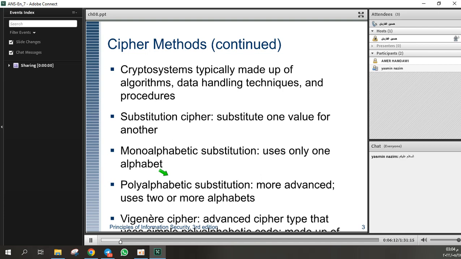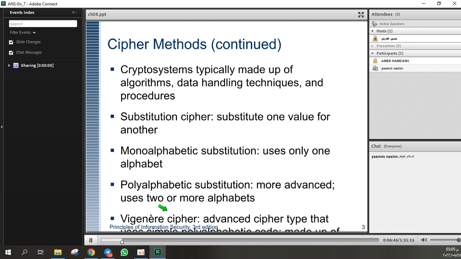At time t plus 2, I'm using another substitution, and so on. So I have more than one alphabetic pattern for replacement. It makes my cryptography method stronger than monoalphabetic substitution.